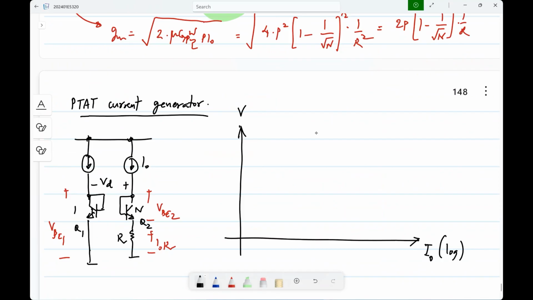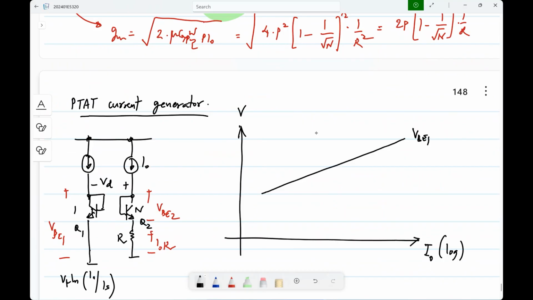I mean, that's what I meant here, right? What is it? Straight line, obviously, because VB1 is VT log I naught by IS. So VB1 will be a straight line. What about VB2? Where will the straight line be in relation to this? What will its slope be?